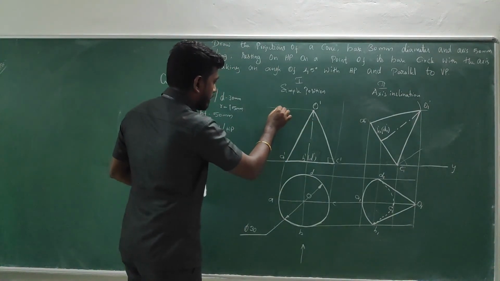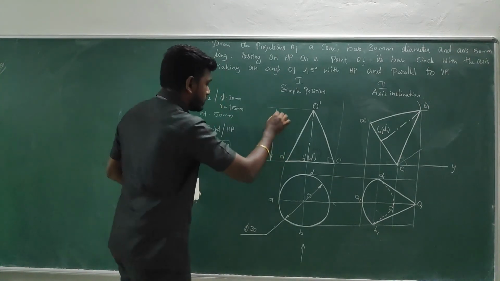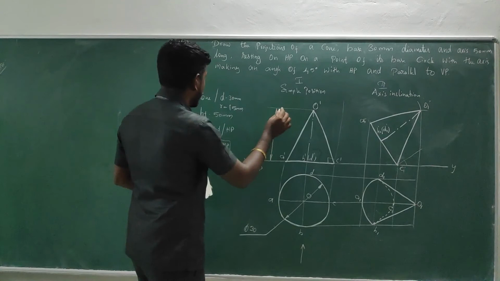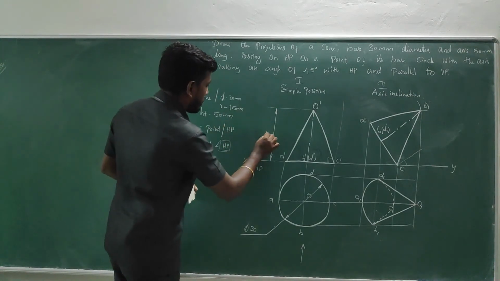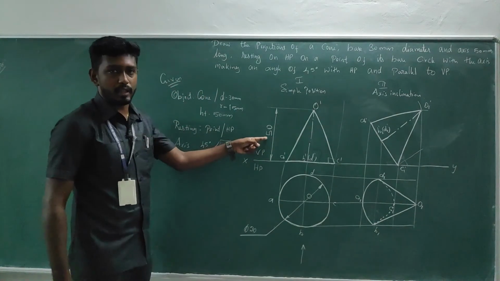So by taking a line in this manner and making a parallel line, capture it with filled arrows and right above the line write 50 mm. It represents the axis height as 50.